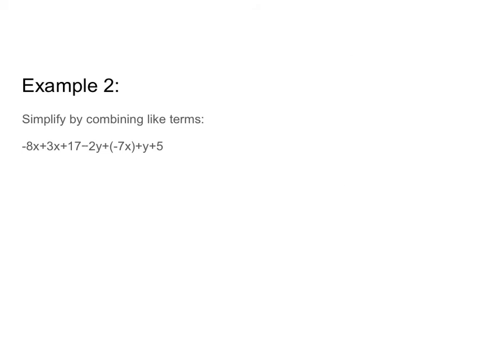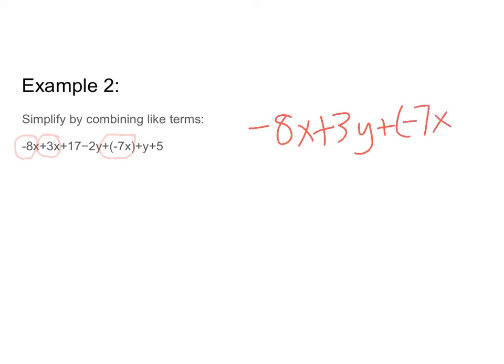All right, so I'm going to start by identifying all of my x terms here. So I have negative 8x plus 3y plus negative 7x.